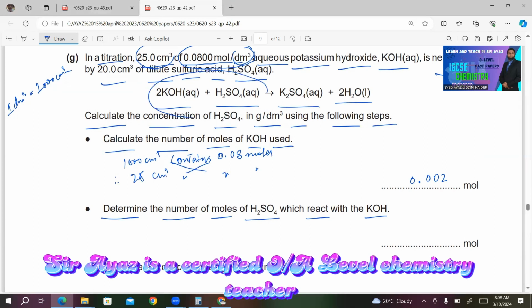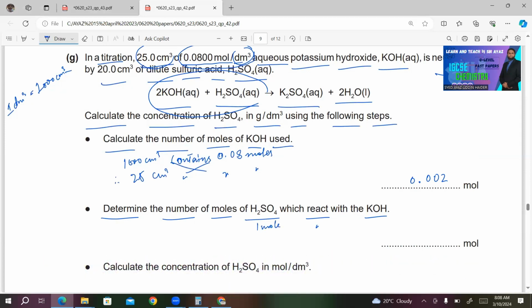Here's the relationship. So 1 mole of H2SO4 reacts with 2 moles of KOH. Therefore, X mole of H2SO4 reacts with 0.002 moles of KOH.